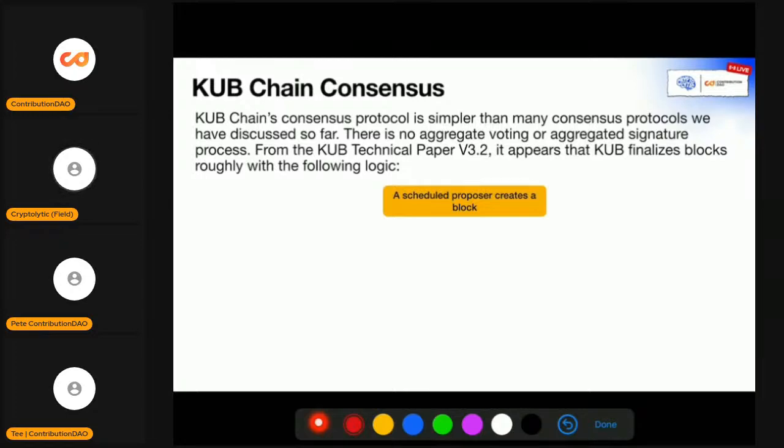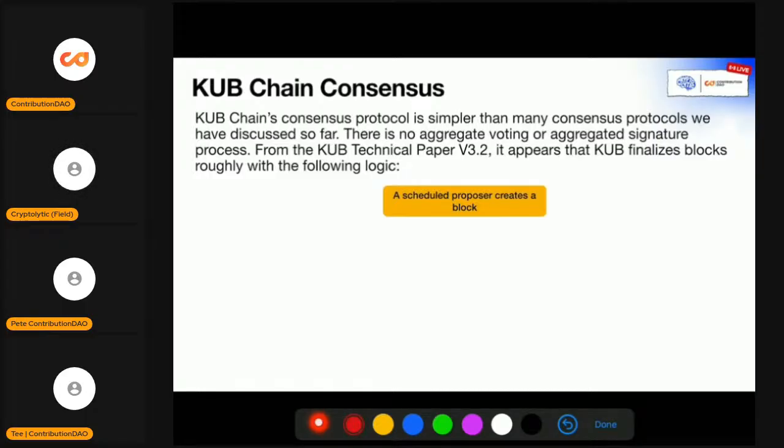KUB Chain is quite simple and easier to understand. And for those of you who don't have a heavy background or much knowledge in crypto, I think this one is quite easy, and I hope you can follow.